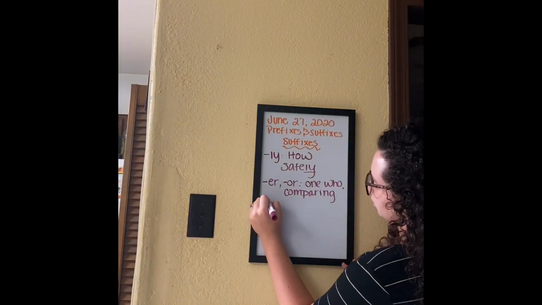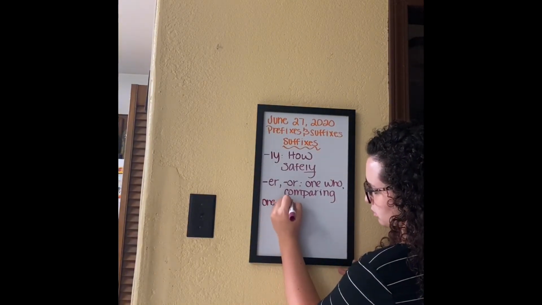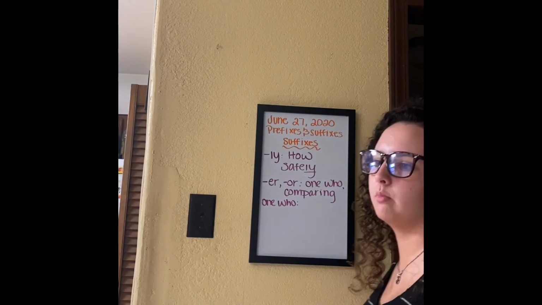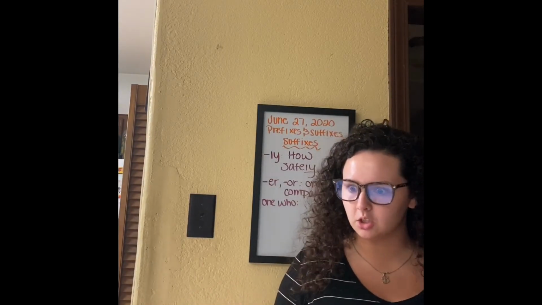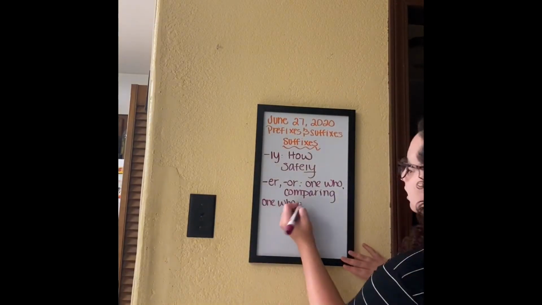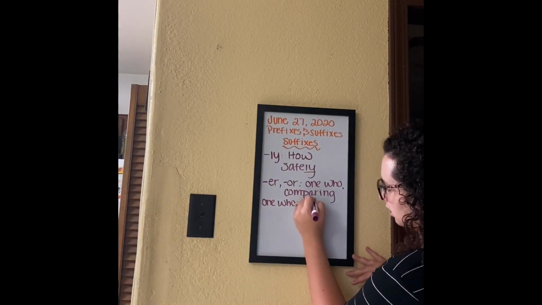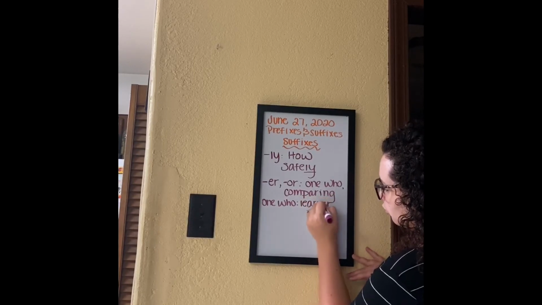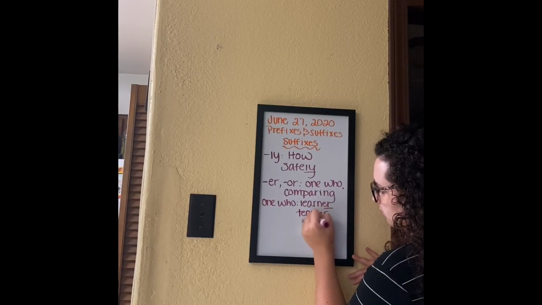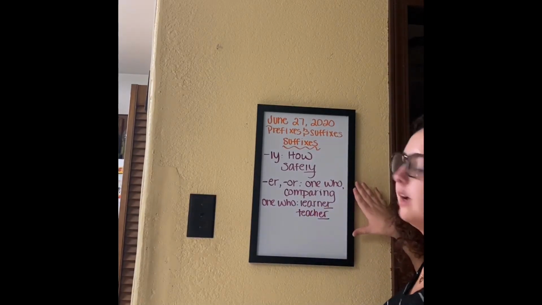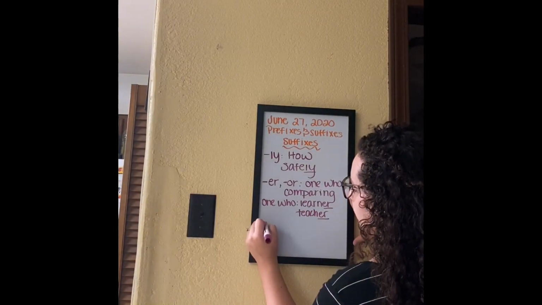So for one who, what's a good example? What are y'all? Yes, you're students, but you're learners. Y'all are learning all the information that I'm teaching to you. And me, I'm a teacher. I'm doing something. I'm one who teaches. So you can write learner or teacher. Okay?